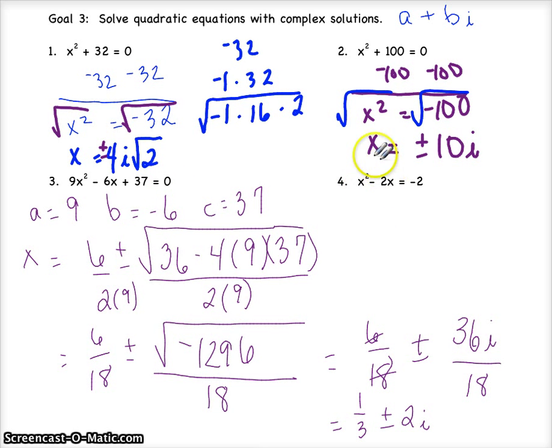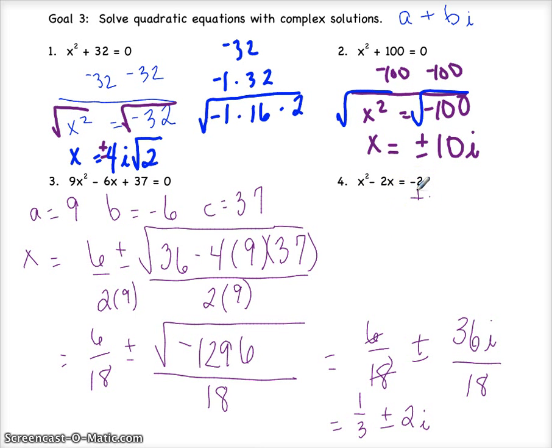For number 4, we have a quadratic, but if you'll compare number 4 to 1, 2, and 3, you notice that number 4 is not yet equal to 0. Before you solve a quadratic equation, it's important that that quadratic is equal to 0. So let's do that now.